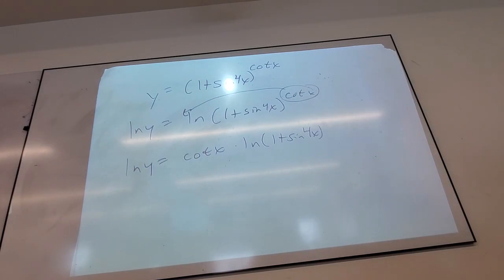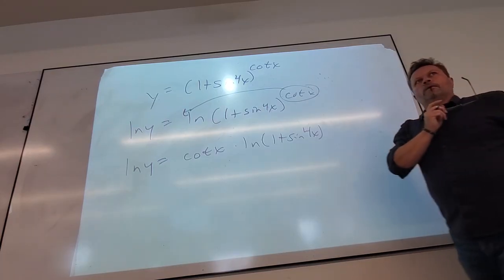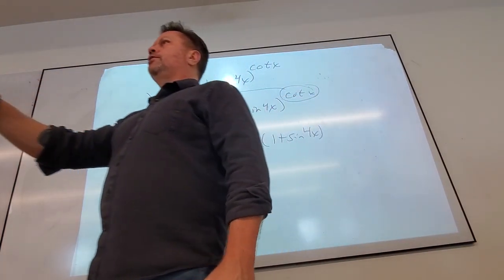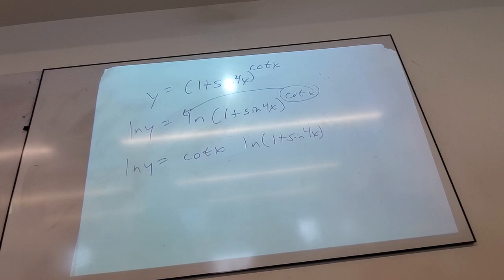Somewhere in the back of your brain you should have known the natural log's got to come into play, because I have a functional base and a functional power. So I know natural log's going to have to come in to help me get that thing down.